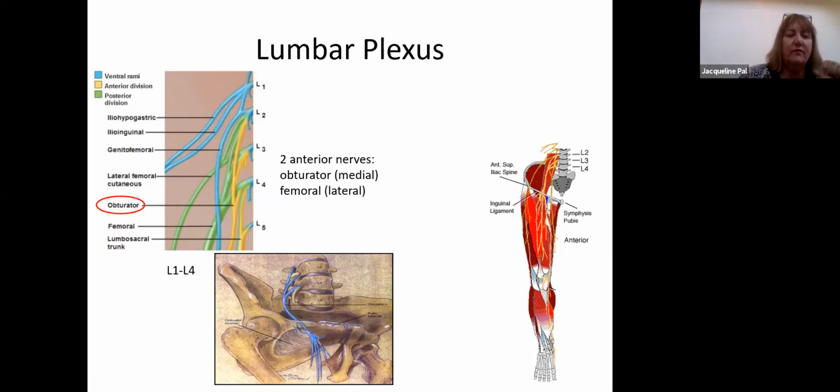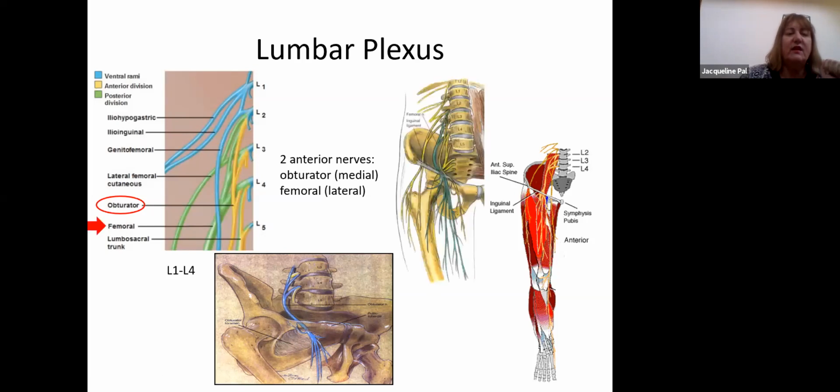The other nerve in this area is called the femoral nerve. If you notice on this picture on the upper left, the femoral nerve is this green nerve, which is lateral to this yellow one, because this is the right side. And so the femoral nerve comes out lateral to the obturator nerve. It does not go through the obturator foramen, it actually goes over the bones and then goes to the anterior thigh area.